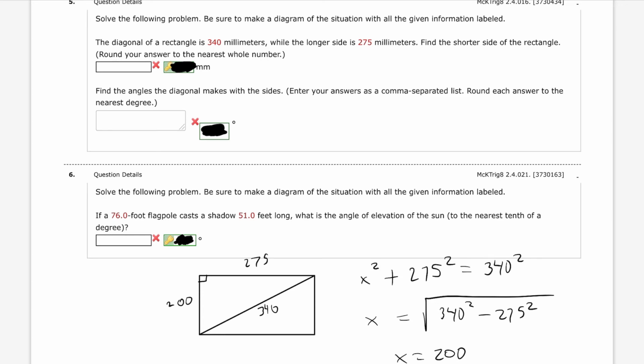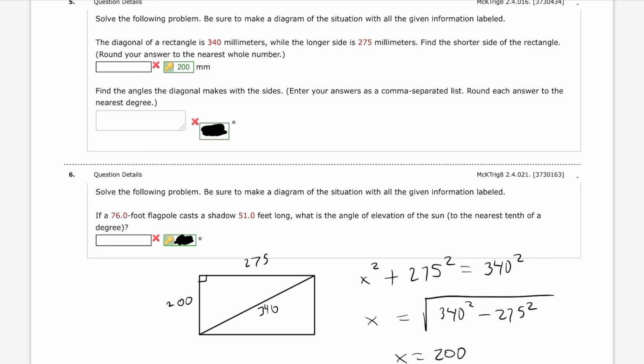Okay, so let's just uncover that. That is 200 as we have just figured out. The angles the diagonal makes with the sides would be this angle right here, and actually these two angles. So we need to figure out what these two angles are, and we separate them with commas.